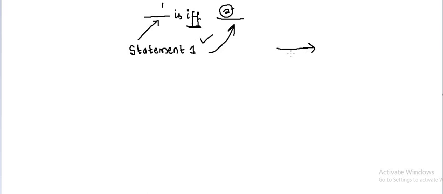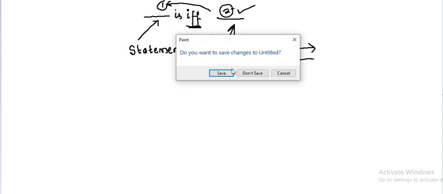In the second process, you have to assume statement 2 true and prove that statement 1 is true, the reverse process. If in both processes the statement is proved, only then we say that this if and only if condition is true.